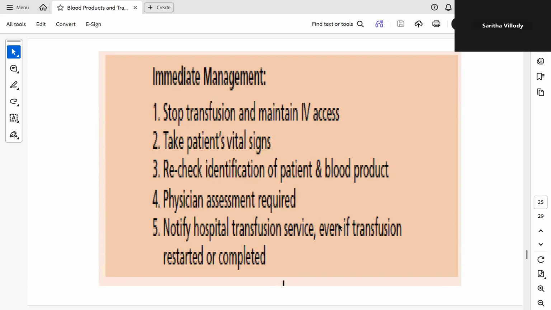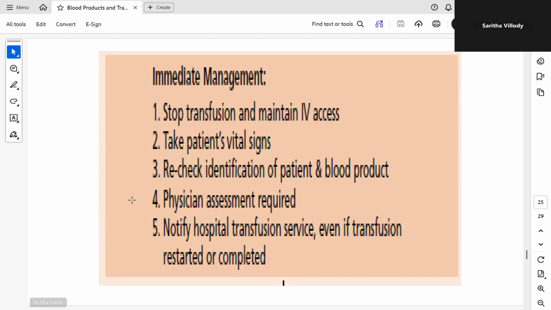So immediate management, memorize this. And in this order, what is the priority management when there is transfusion reaction? First one is stop transfusion, maintain IV access, take patient's vital signs, recheck identification of patient and blood product, then you notify the physician or whoever concerned.